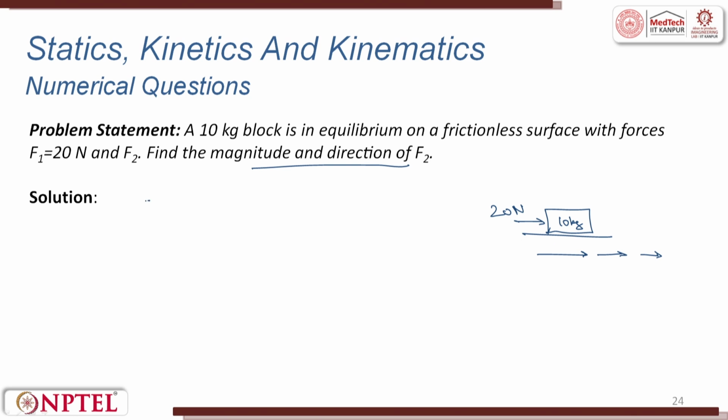Simply, we know the summation of all the forces is equal to 0, that means F1 plus F2 is equal to 0. F1 is 20 Newton plus F2 is equal to 0, that means F2 is equal to minus 20 Newton, that is in the opposite direction.